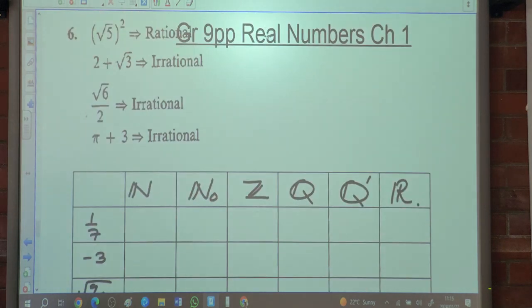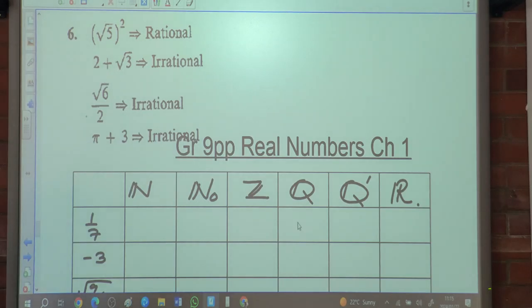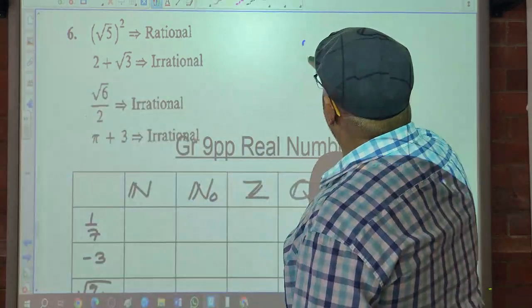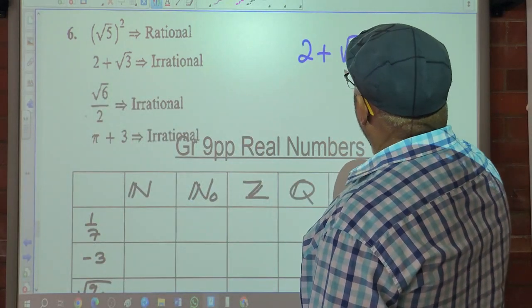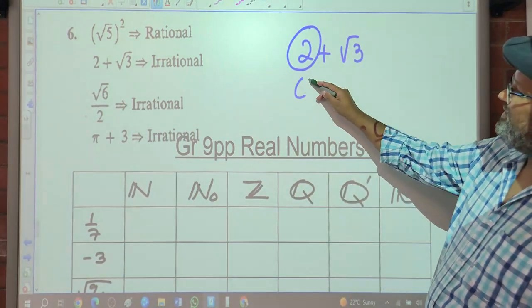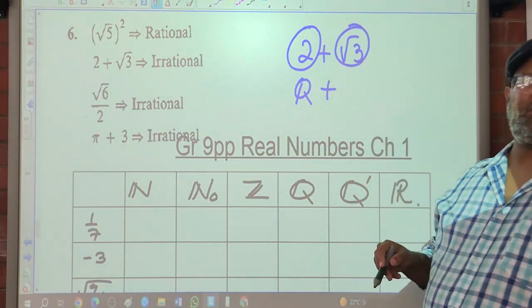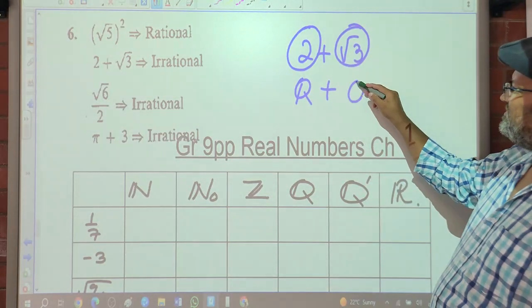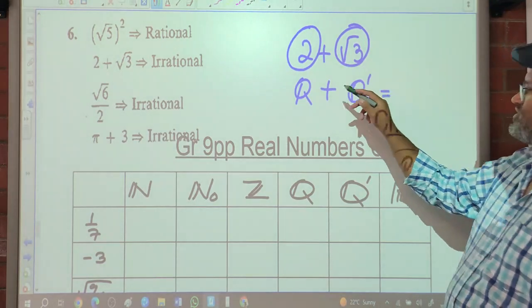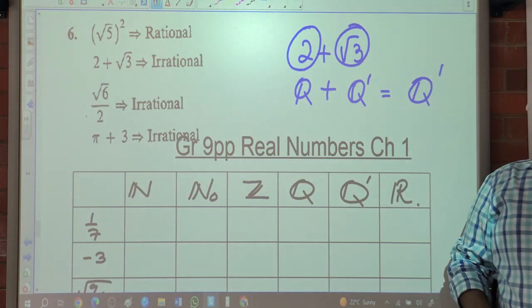Okay, so now if you're looking at 2 plus the square root of 3, what is this? Is that rational or irrational? 2 is rational. The square root of 3, rational or irrational? Irrational. So rational plus irrational will always be irrational.